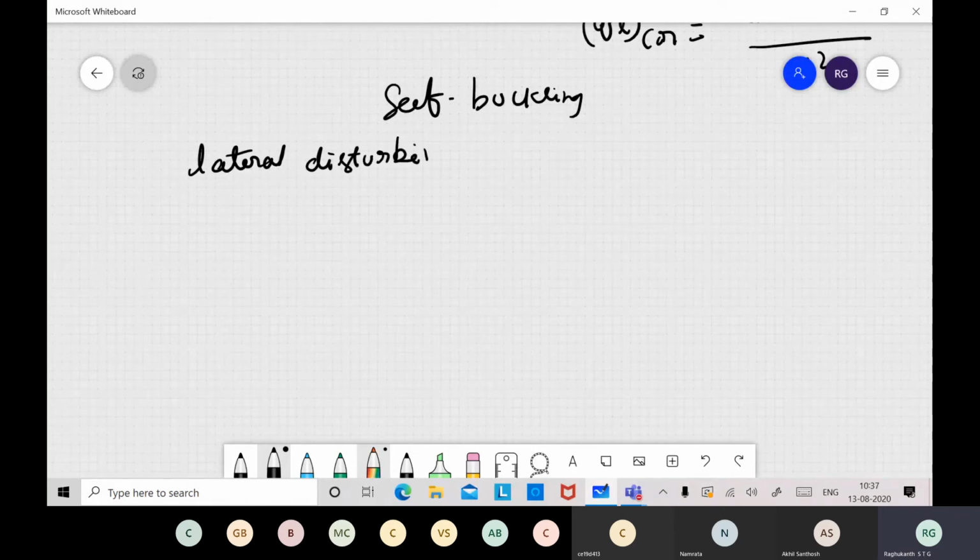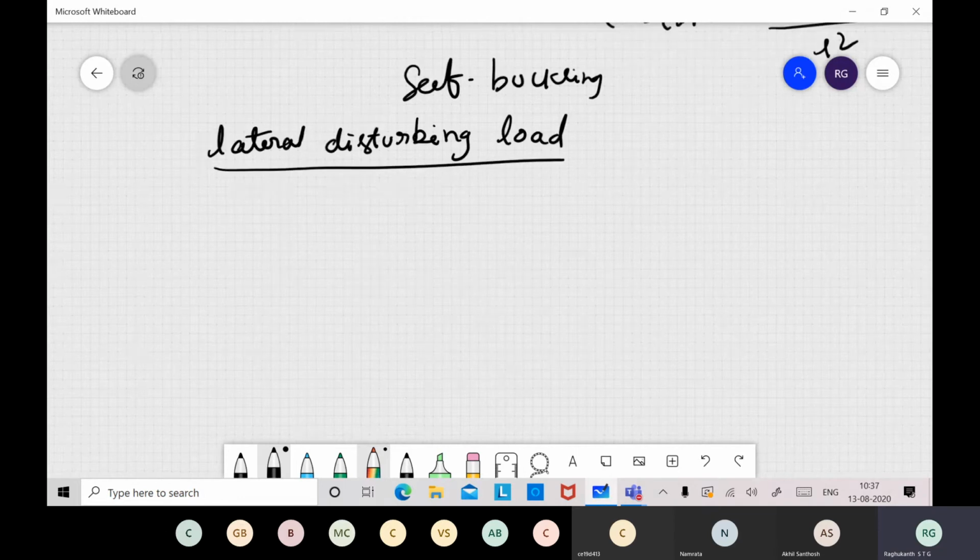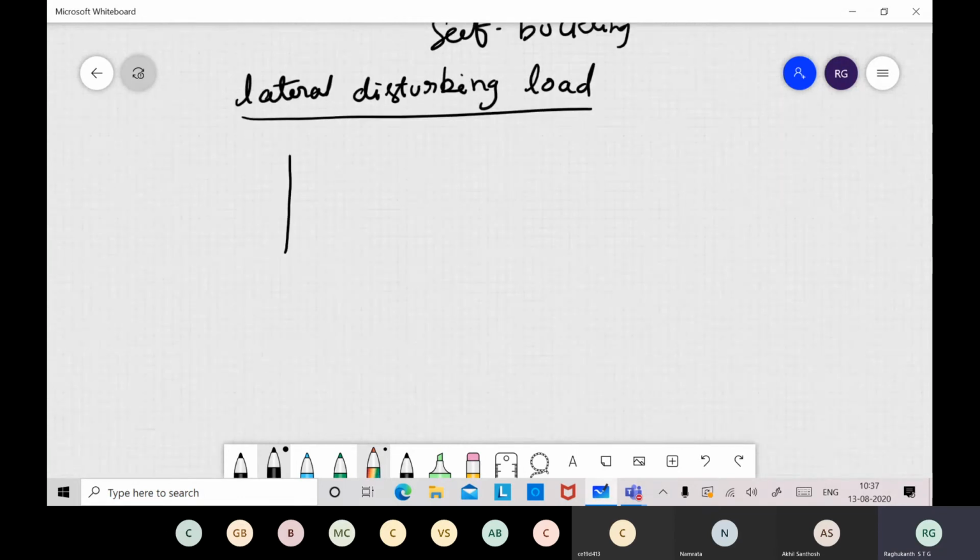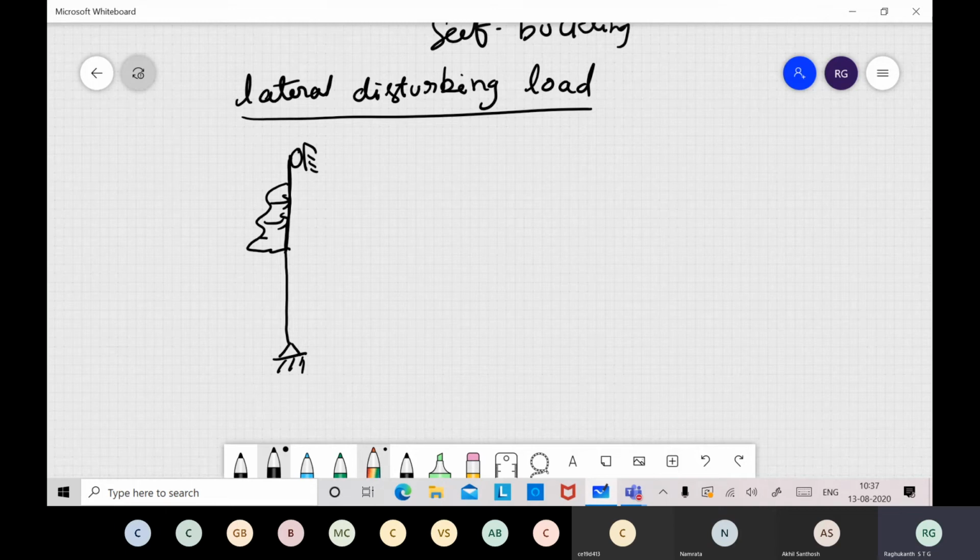We had a discussion also. We had a column like this, a simply supported column. Somebody was asking, you have a lateral load here, and you have P. What is the buckling load of this column?